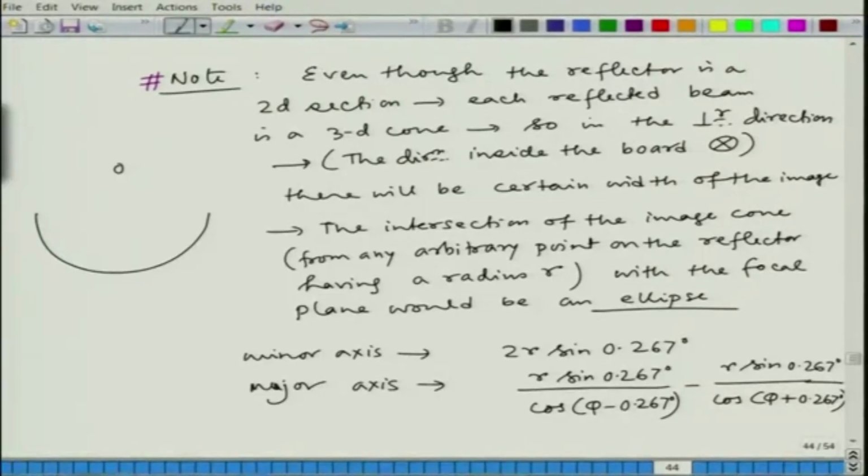Okay. So, every point on the reflector will make an image in the form of an ellipse on the focal plane, and all these different images will be superimposed to give you the overall image for the 2-dimensional parabolic trough.